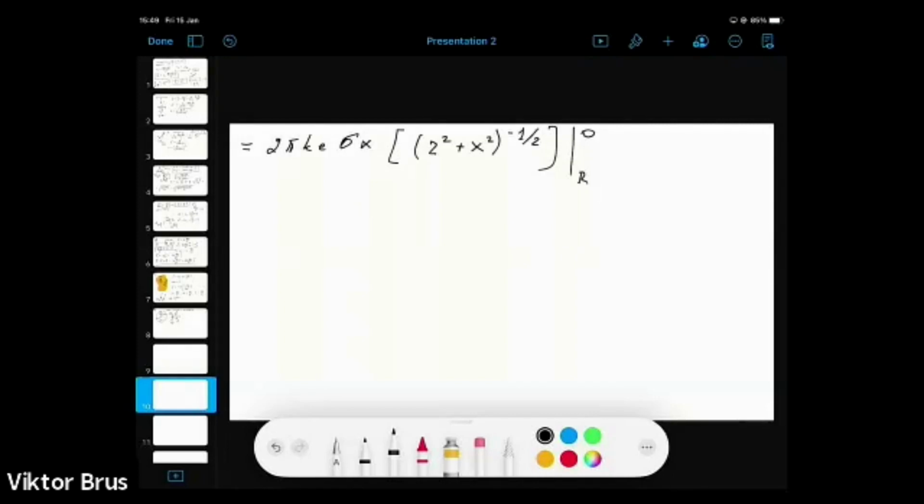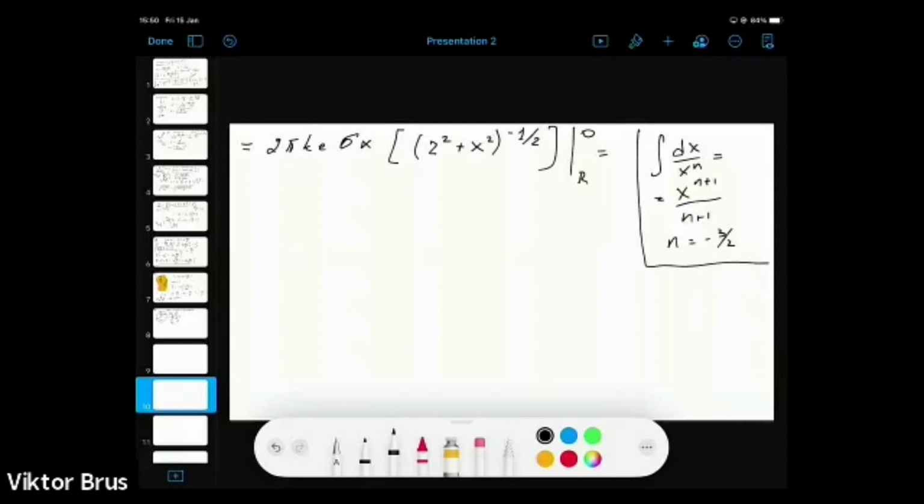This is a simple approach to integrate this integral. You just need to go for the integral dx over x to the power n, and this will be equal to x to the power n plus 1 divided by n plus 1, assuming that n is equal to minus 3/2. So if you apply this rule for integration, you will come up with this result.